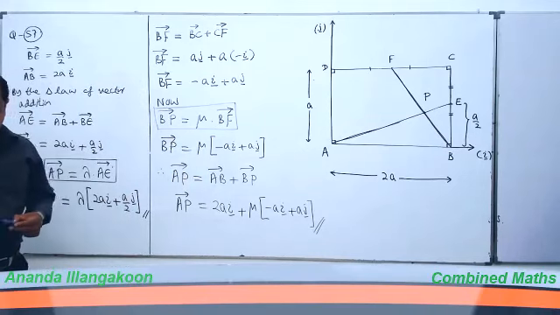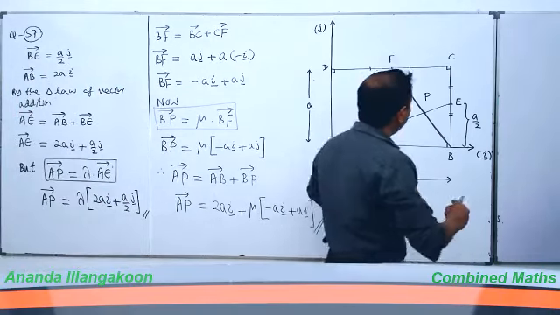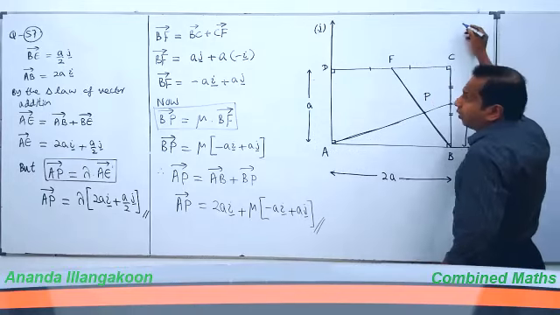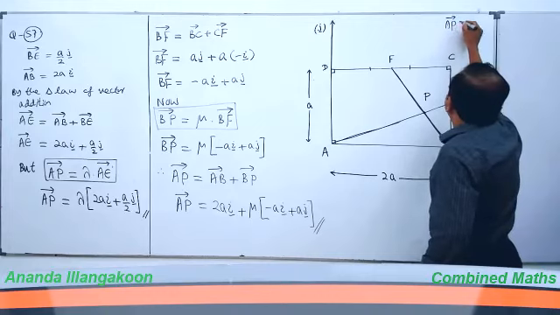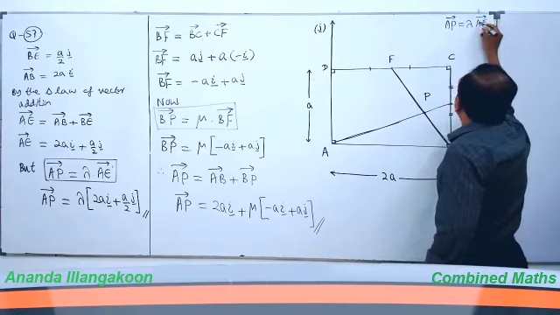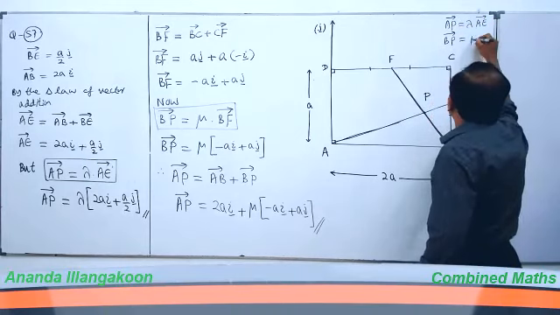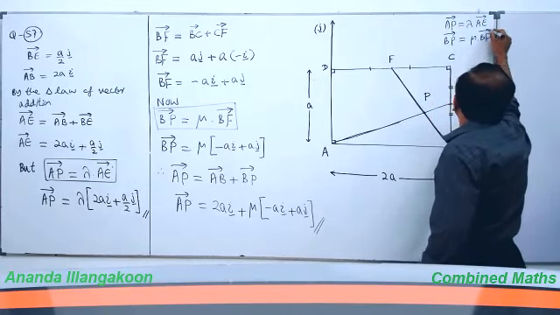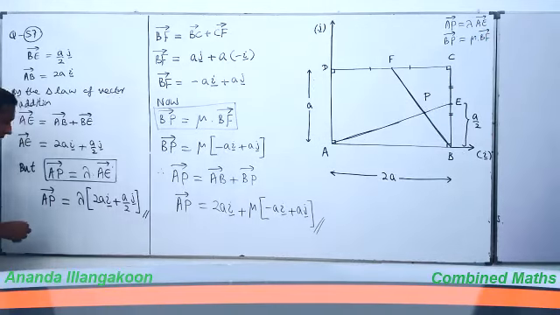So I'll write them at the side here because I need to erase this. That AP vector is equal to lambda times AE vector and BP vector is equal to mu times BF vector.